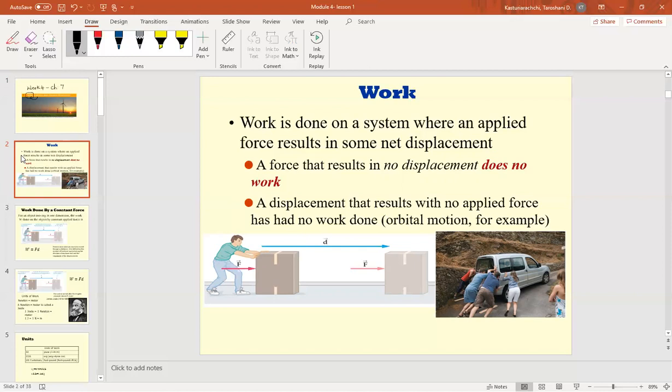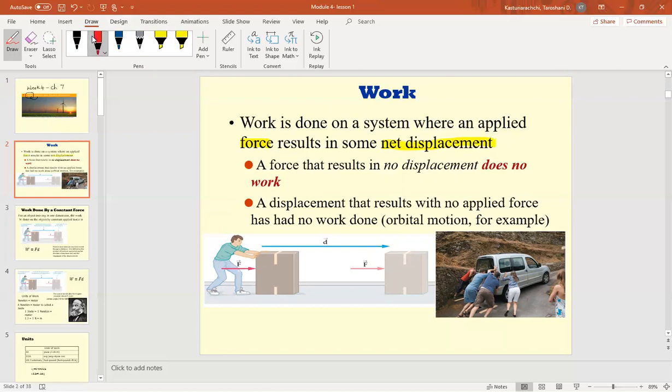Based on the definition, work is done on a system. You apply some force, and this force should result in some kind of displacement.